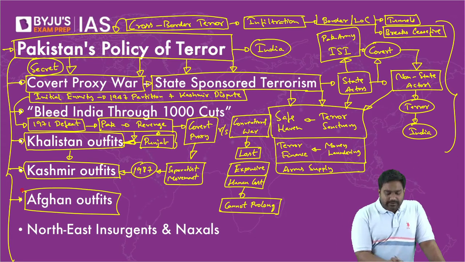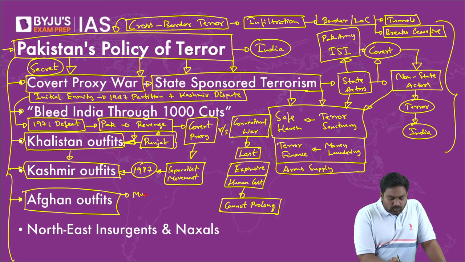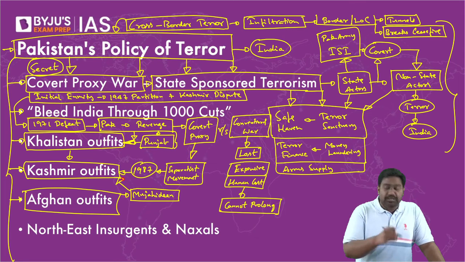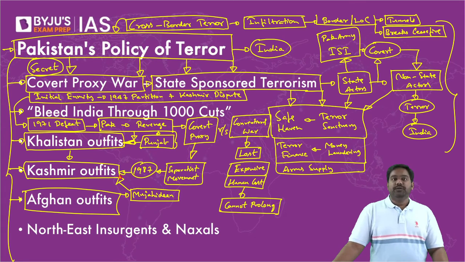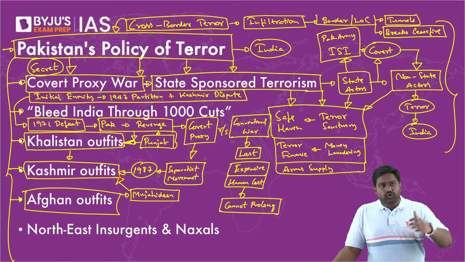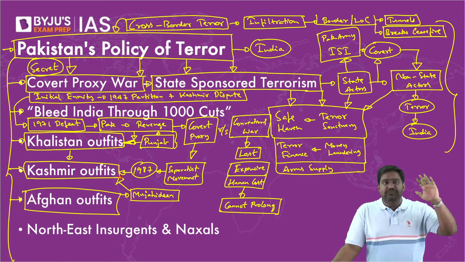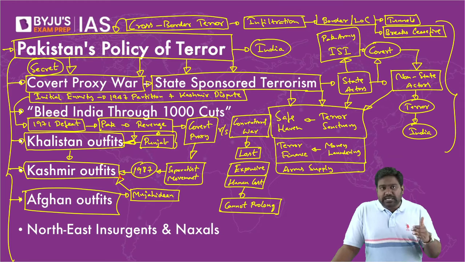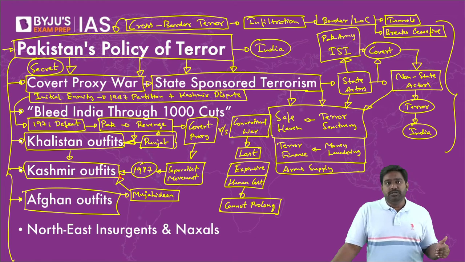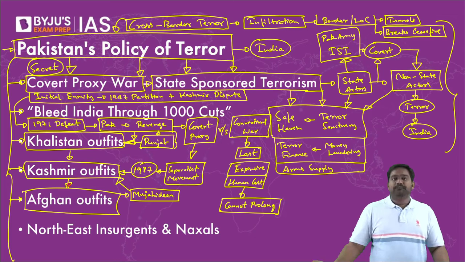In Afghanistan, Pakistan not only raised the Mujahideen, it even used the Mujahideen fighters in Kashmir later in 1990s. Because by 1989, Soviet troops had retreated. Soviet Union had been defeated. Now the Mujahideen fighters were free. Pakistan diverted these Afghan and Pakistani terrorists into Kashmir to fight in Kashmir.